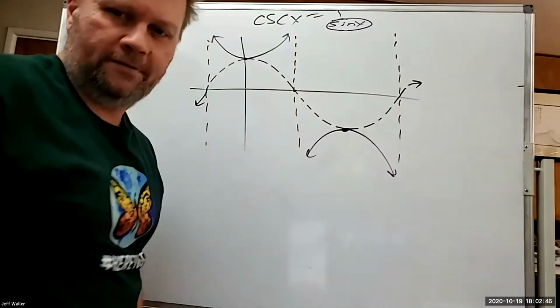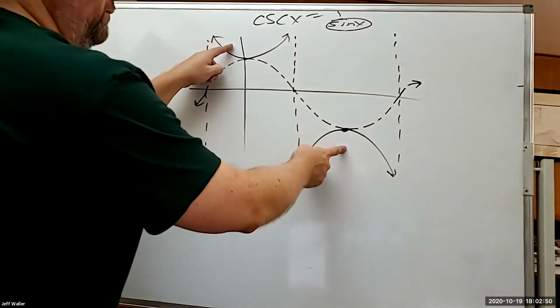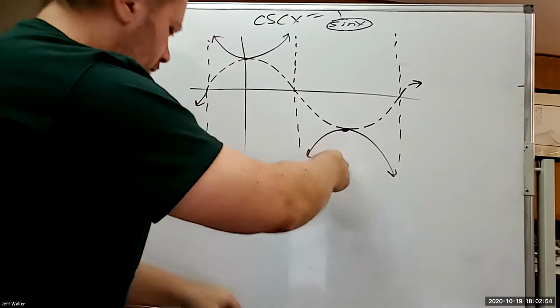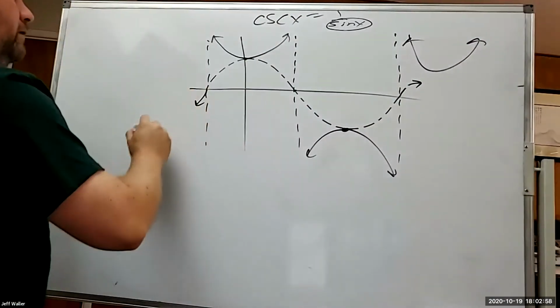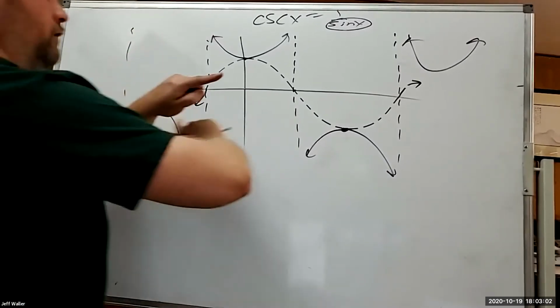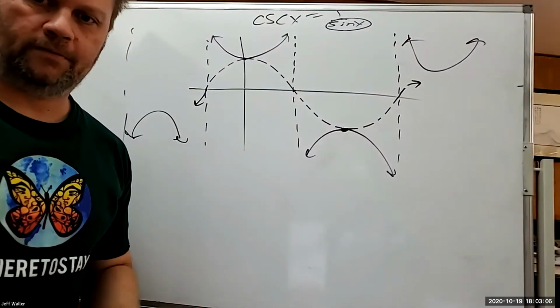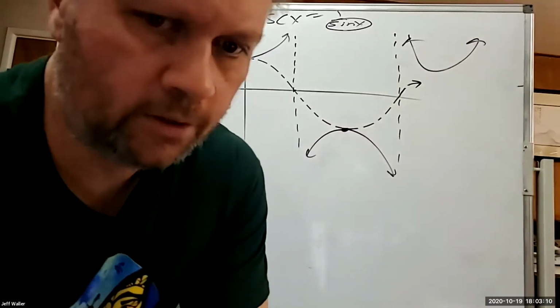I know what you mean, but this is one function. This is a cycle of this function. It's going to, of course, keep going forever after this, in both directions. Yes, that's right. 2.